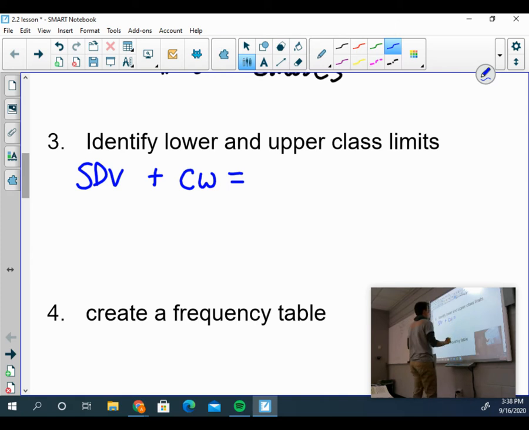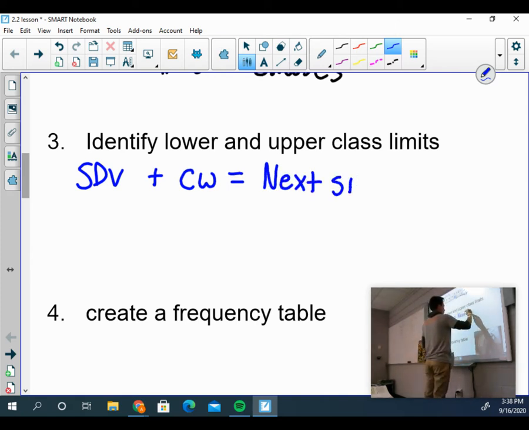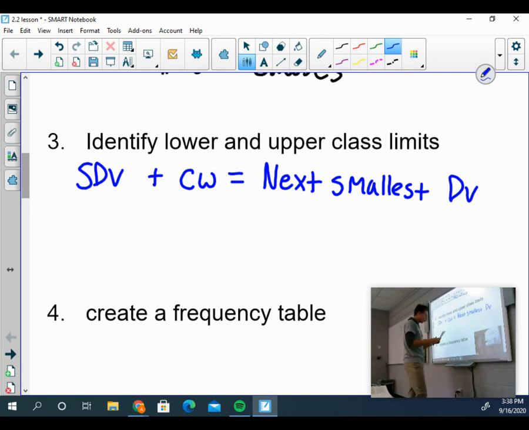And what that gives you is your next smallest data value, or your next lower class limit. So I'm taking my smallest data value, I'm adding the class width, and it's going to give me my next smallest data value. And then I'm going to do that again, and it'll give me my next smallest data value, and the next, and the next.